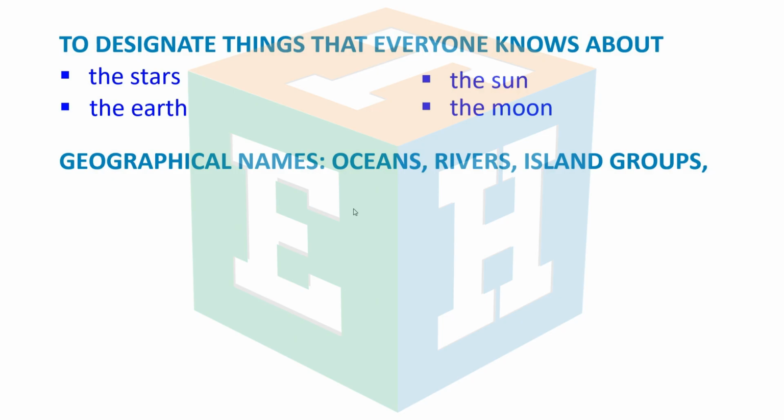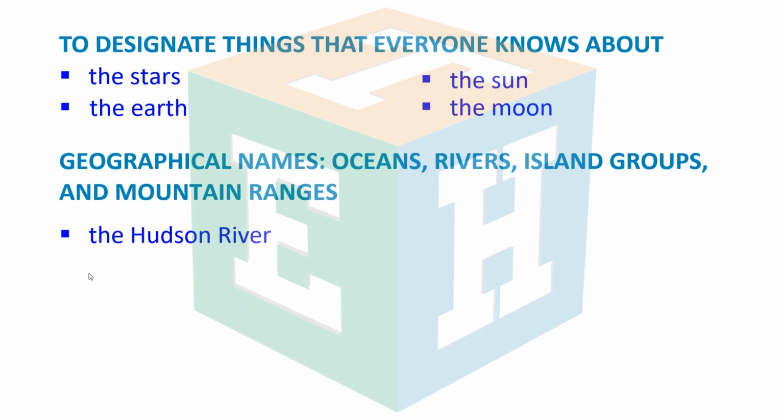Geographical names, oceans, rivers, island groups, and mountain ranges. The Hudson River. The Indian Ocean.